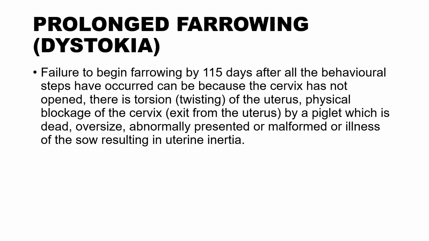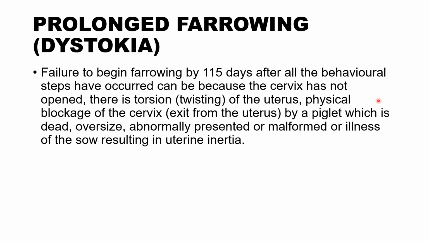And then, we are going to talk about prolonged farrowing, or what is called dystocia. Prolonged farrowing, as the name implies, is the failure to begin farrowing by 115 days, after all the behavioral steps have occurred. The cervix has not opened.